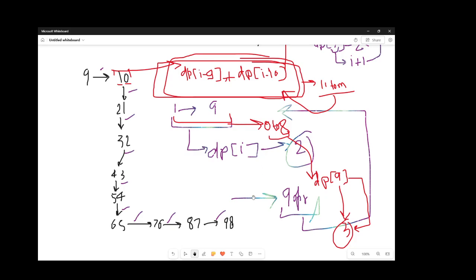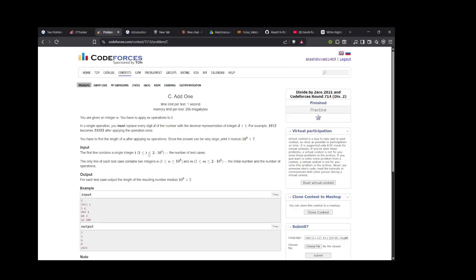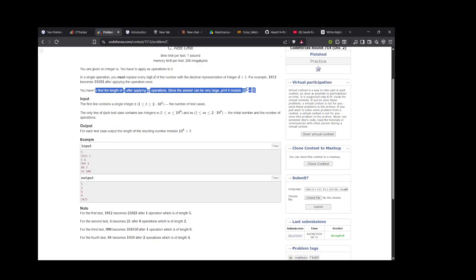And now let's move to the problem. You have to find the length of n after applying m operations. The answer can be very large, so we need to print the modulo of it. Okay, fine. For the inputs, we are given n and m, the number of operations.